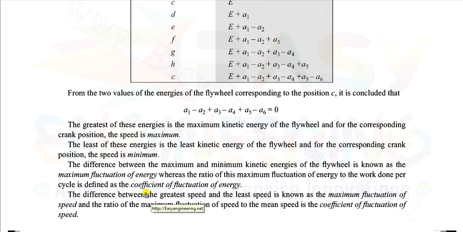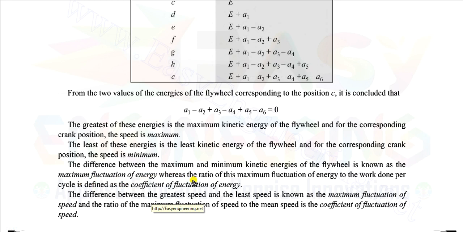The energy of a flywheel is kinetic energy, which for angular motion is 1 by 2 I omega square. Here also, at some point energy will be maximum and at some point minimum.